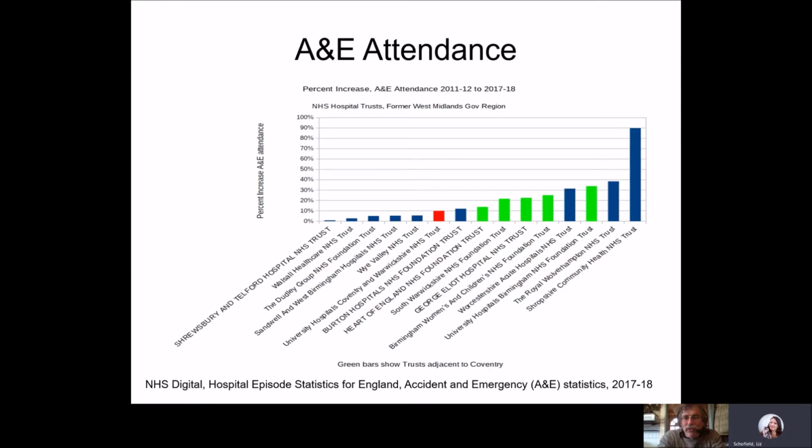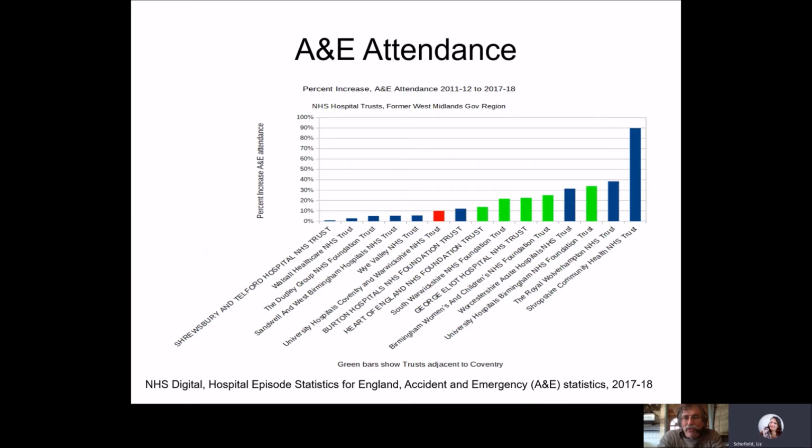Well, now we start looking at all the other kinds of data which you can find if you hunt around on the internet. And I thought a very interesting proxy for population is A&E attendance. So this graph shows the percentage increase at various trusts around the West Midlands. This is not local authority level data, but it roughly correlates with local authorities.